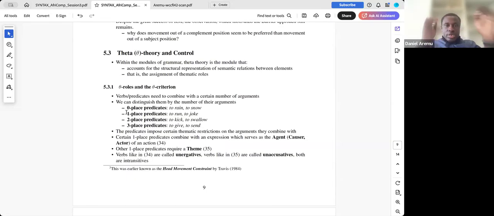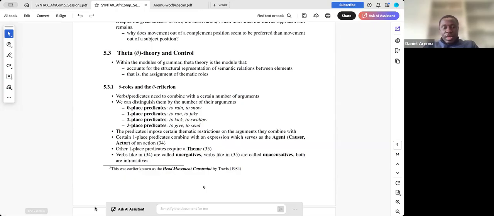So, theta theory and control. This is another model of the principles and parameters theory. This is another principle that underlies the use of language. With theta theory, I believe most of us, if not everyone here, understand when you talk about the theta role, when something takes a role, it has maybe agent, theme, which other roles do we have?